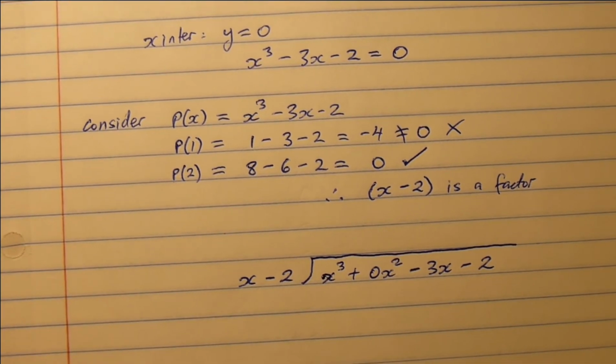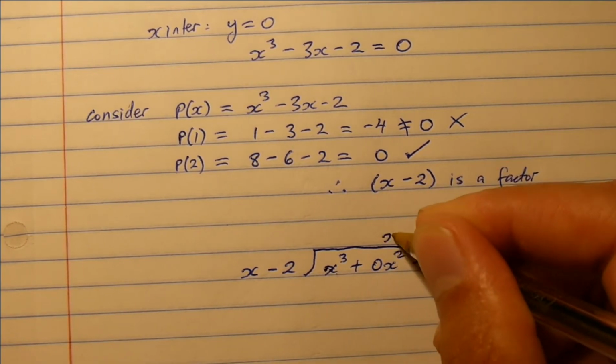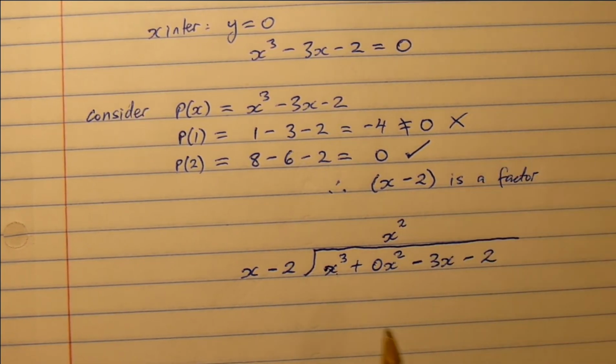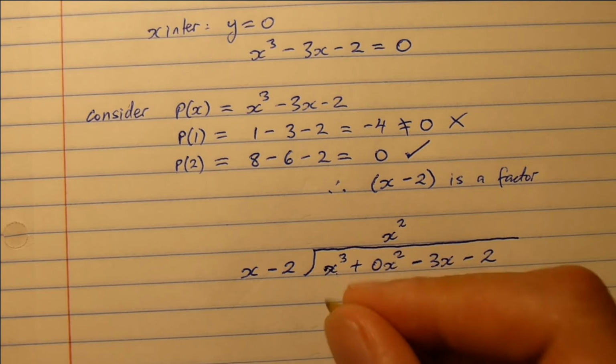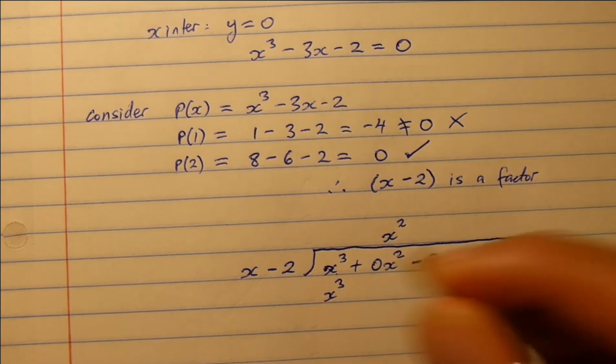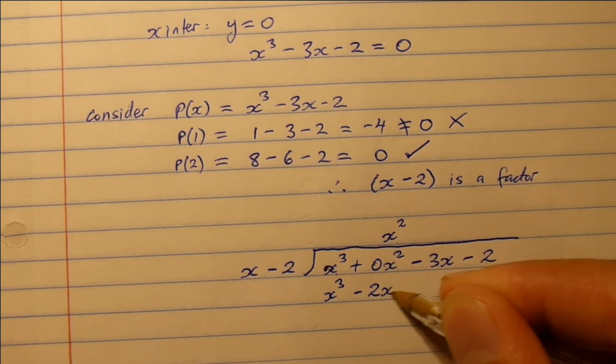Okay, so hopefully you've done a bit of the long division before, but basically what I do here is x into x cubed goes x squared times. Then I circle back around. X squared times x gives me x cubed. X squared times negative 2 is negative 2x squared.